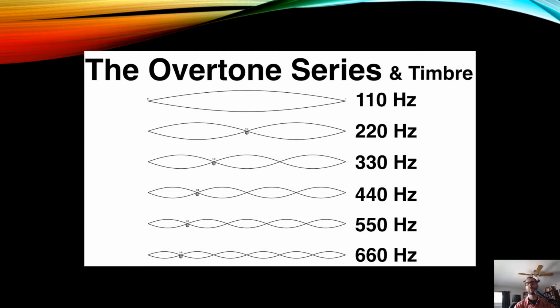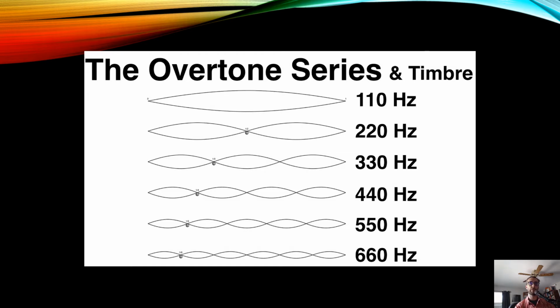Here's an example. We start off with 110 hertz, which is A. Then you double that to 220 hertz. Then you triple that to 330 hertz, quadruple it to 440 hertz, quintuple it to 550 hertz, and sextuple it to 660 hertz. All of these are valid partials for that first fundamental of 110 hertz.